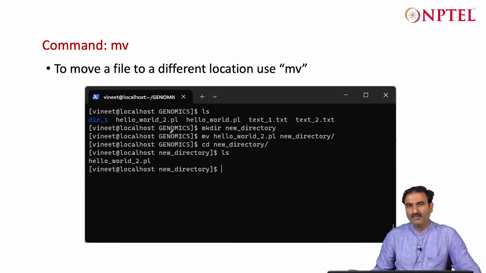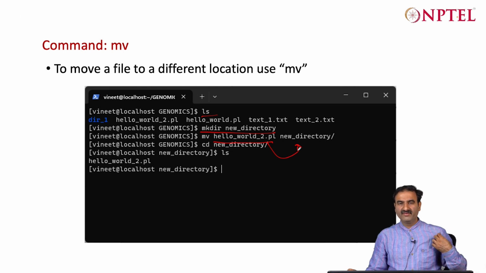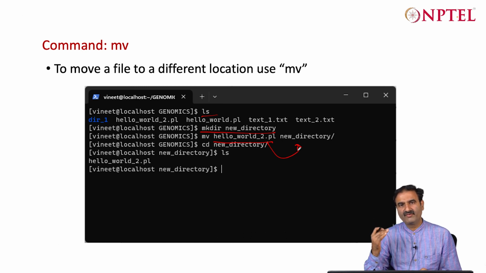Now, moving a file to another location. Like you have ls and make directory, so you made a directory. Now in that directory you want to move the program which you have just copied. For example, you have data from multiple systems or individuals, so you want to create a folder for each of them. What you will be doing is copying the program and the input file into that folder and doing the processing.